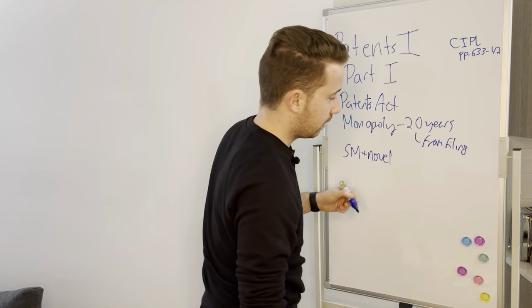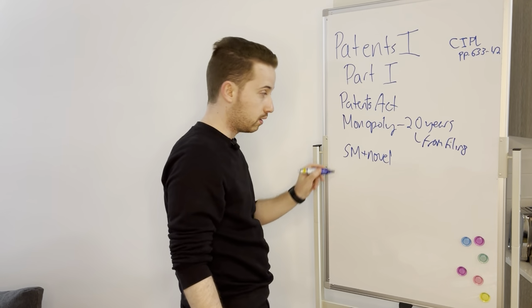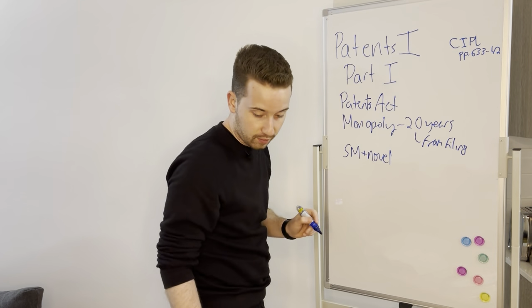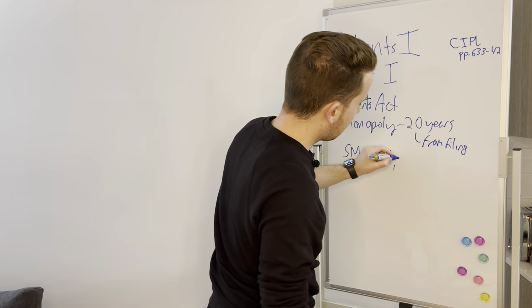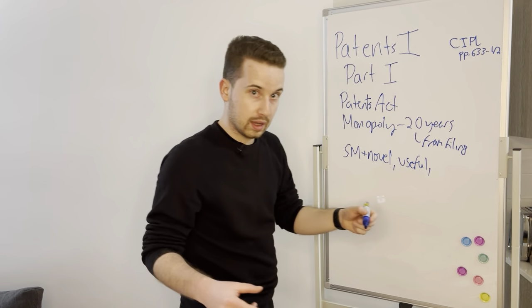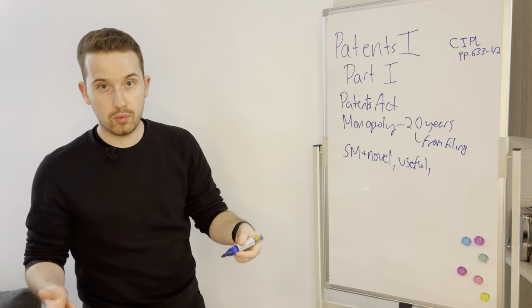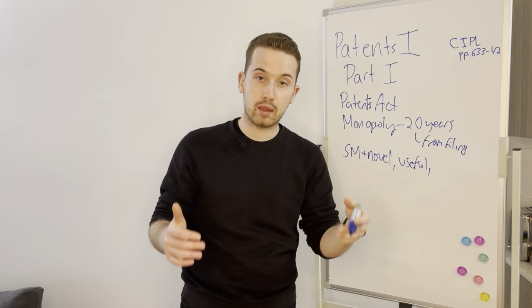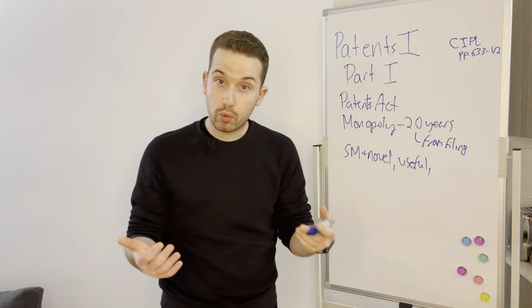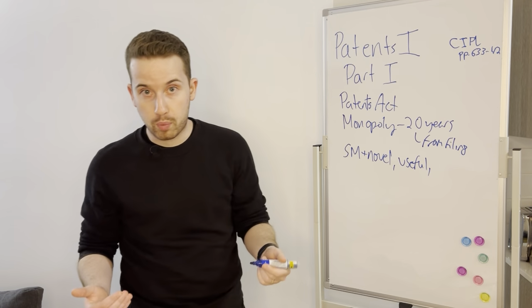So again, as I said, new. So it has to be a new thing, one of the things that the government says counts. It has to be useful. We'll see that's important. So it's not just any invention that you made up. It's an invention that has the potential to do something useful. And as we'll see, generally that means something positive.